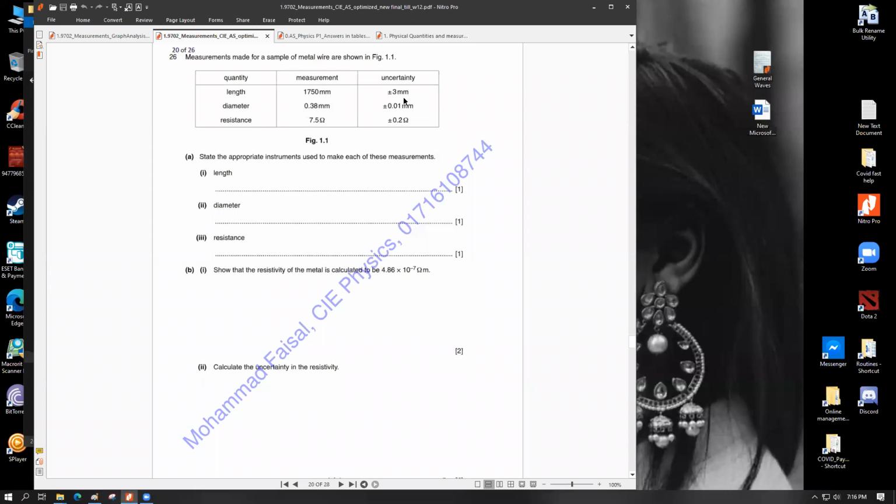Anyone? No, sir. Asha. Let me give you a simple idea. The uncertainty of a measuring device basically represents the smallest fraction it can measure. For example, the uncertainty for a meter rule is plus minus 1 millimeter, because the smallest length that you can measure using a meter rule is 1 millimeter. The length between two of the closest lines in a meter rule is 1 millimeter.